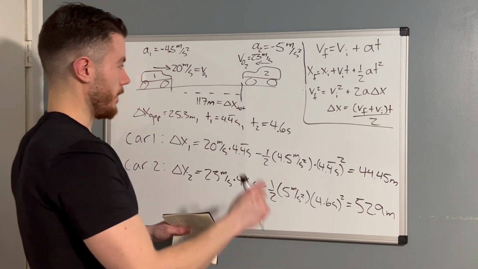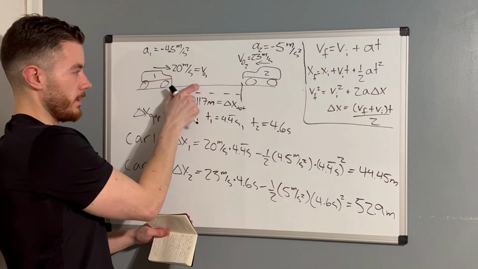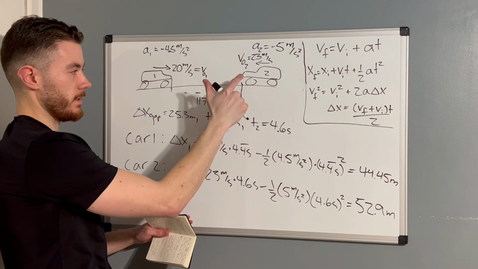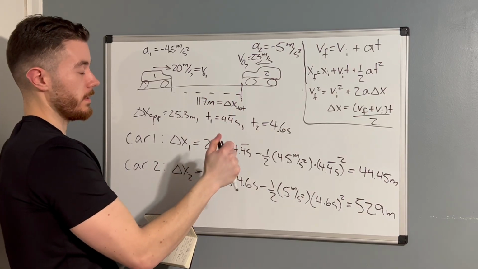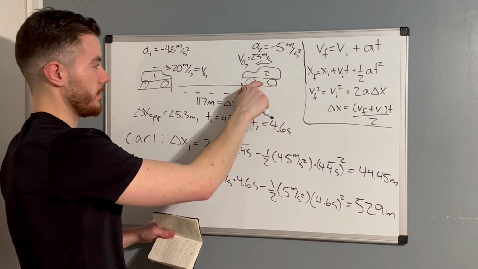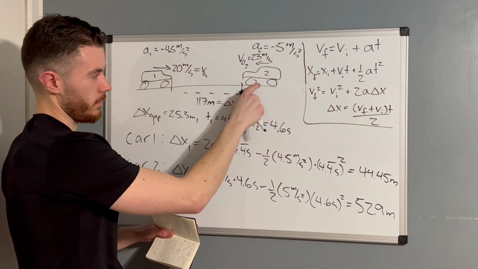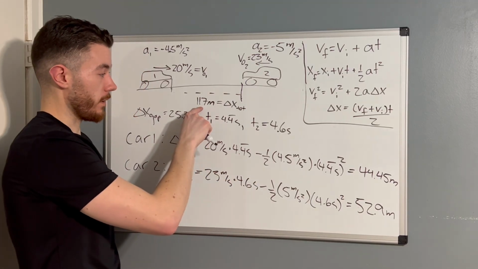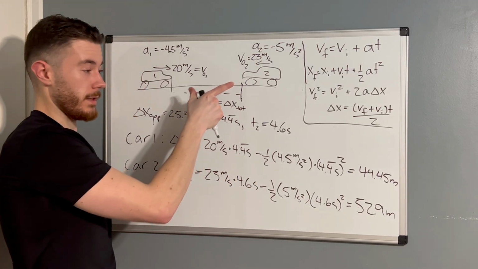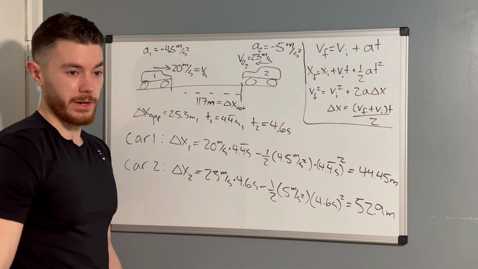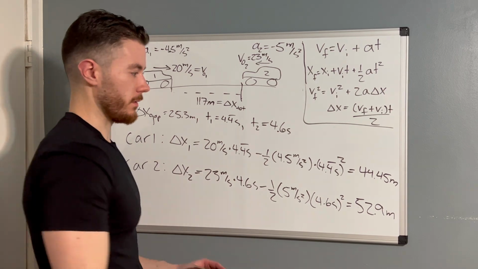So now we have an amount of space here, an amount of space here, plus the amount of space this car travels in the time between this car applying the brakes and this car applying the brakes. Let's add them up. If it's greater than 117 meters, it means that the fronts of the cars were at the same location in space at some time, meaning there was a collision.